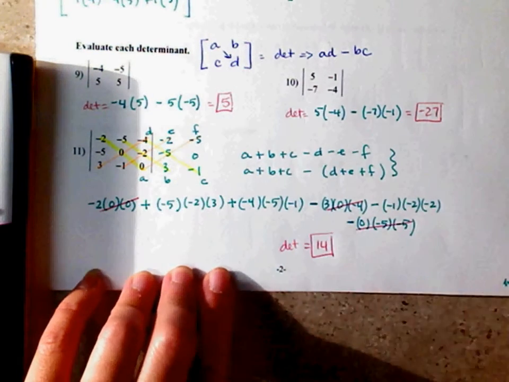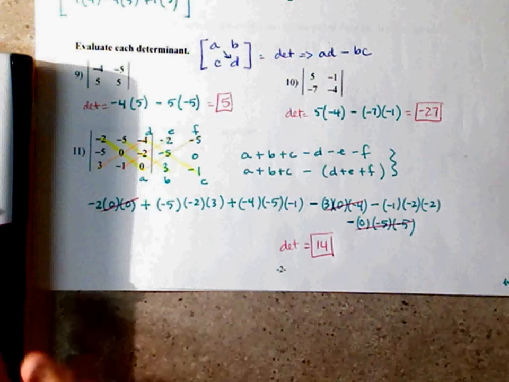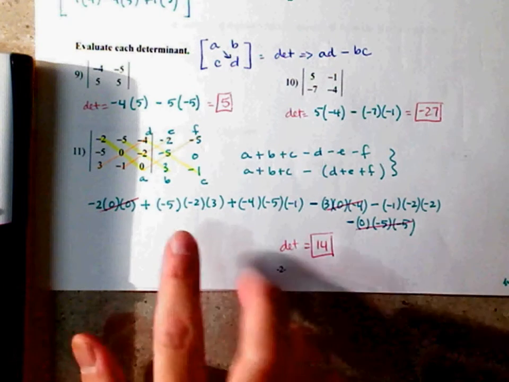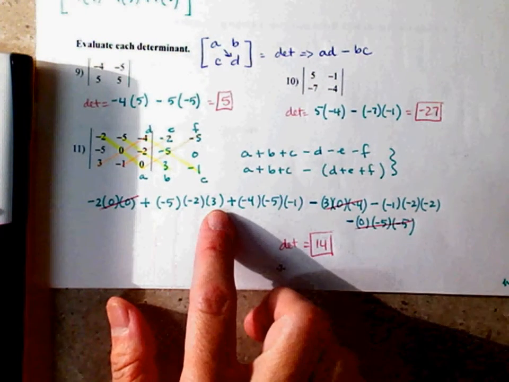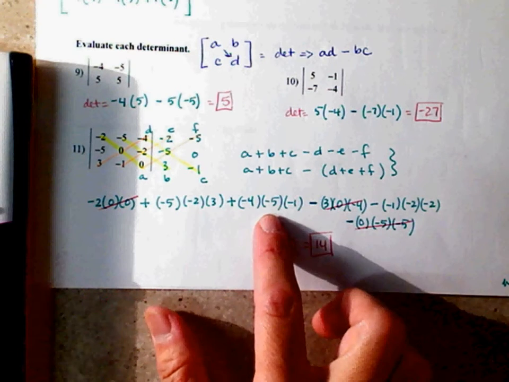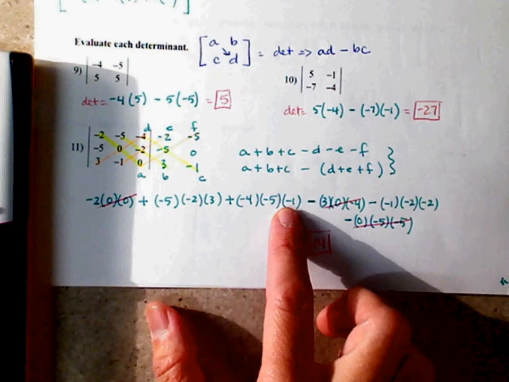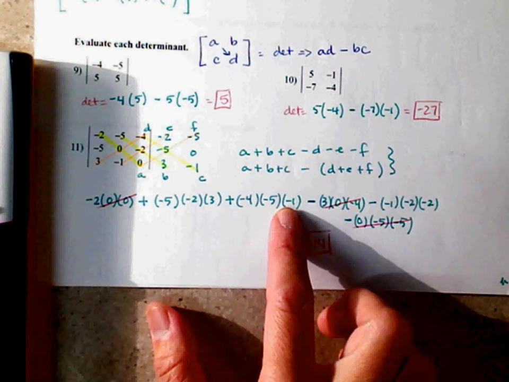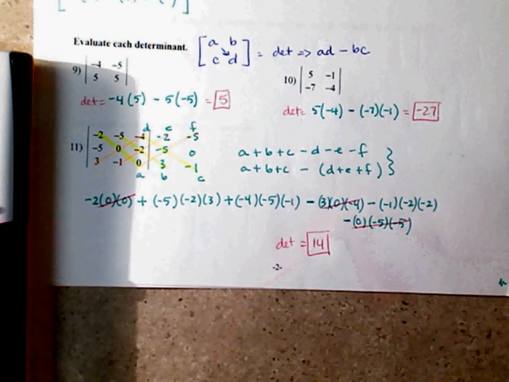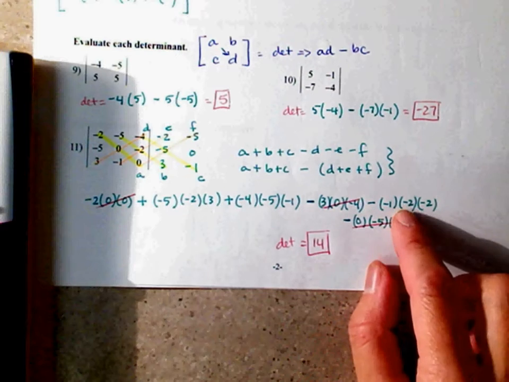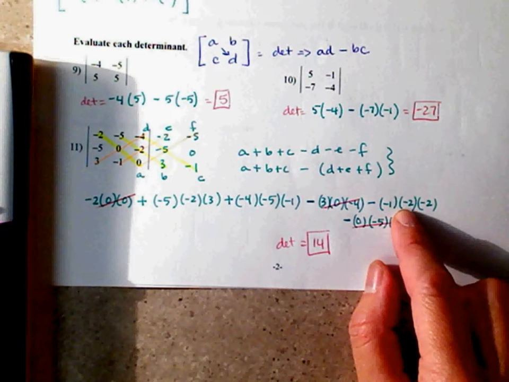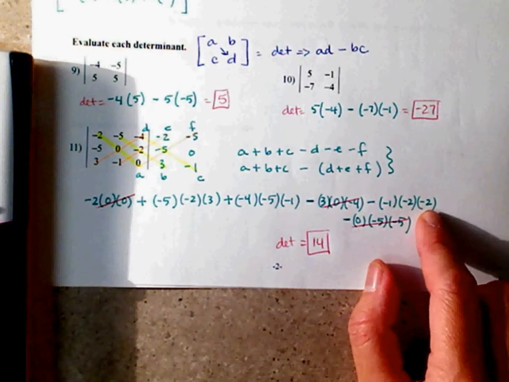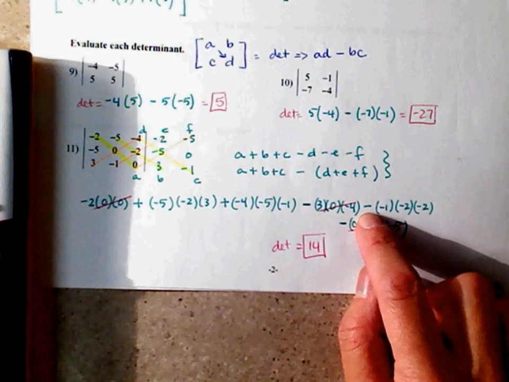I want to be sure, so let me check my math again. This is 10 times 3 is 30, plus 20 times 1 is negative 21. Okay. Alrighty. 0. And then you have negative 1 times negative 2 is positive 2. Negative 2 times the negative 1 is positive 2. Let me check my math.